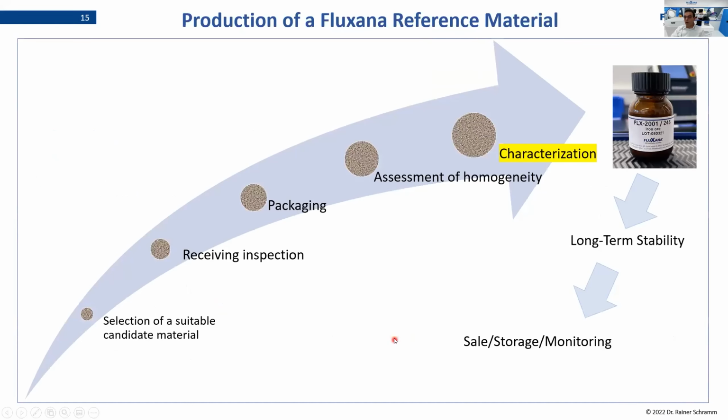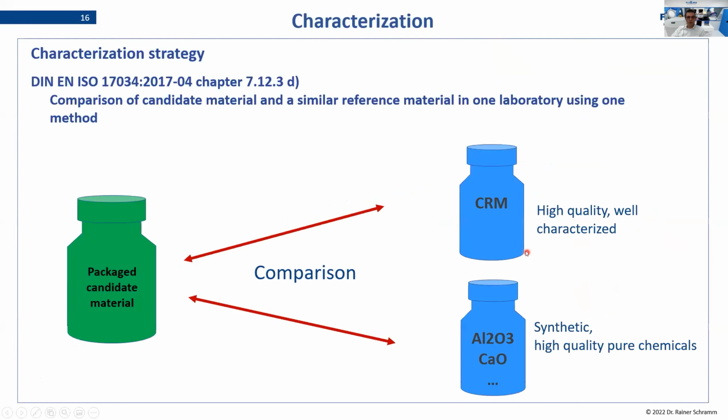The next very important, or also one of the most important steps, is to characterize now the material. That means to find out which elements are of interest and how much of this element is in that material. And to do this, we use a special procedure.